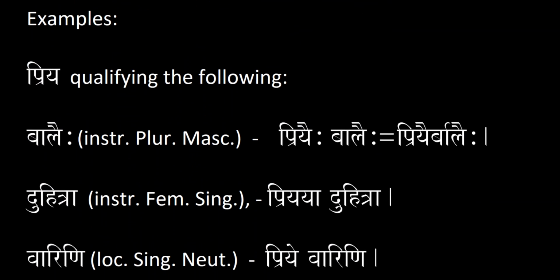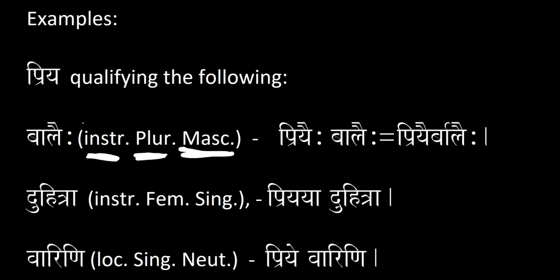So, for example, if we wanted to say dear boys: bala is boy, so baleih is by or with the boys. Instrumental, plural, masculine. So we know that this is masculine. We wanted to agree with gender, number, it's plural, and its case.